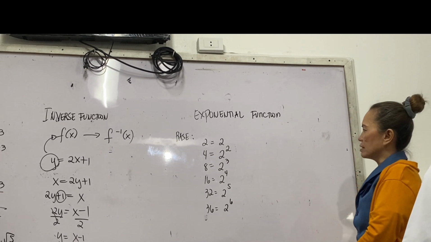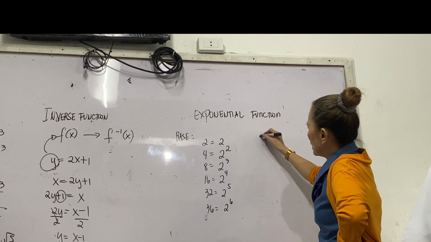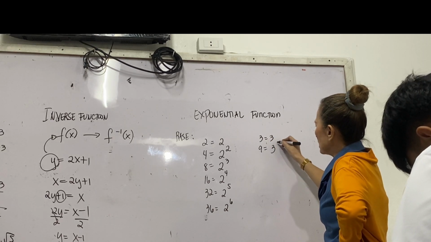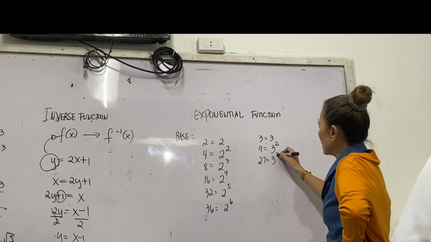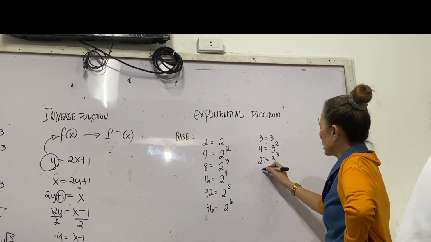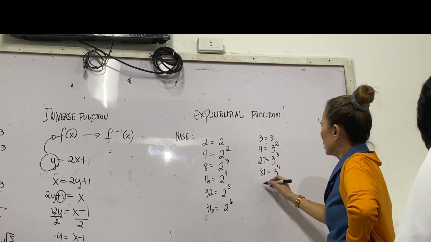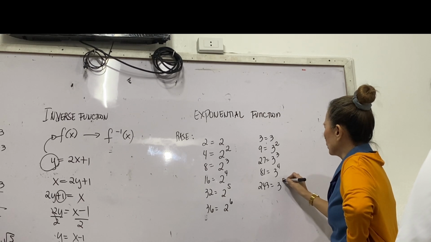Dito naman, base 3. So we have 3, 9, 27, 3 raised to 3. 81, 3 raised to 4. Then 243, 3 raised to 5.